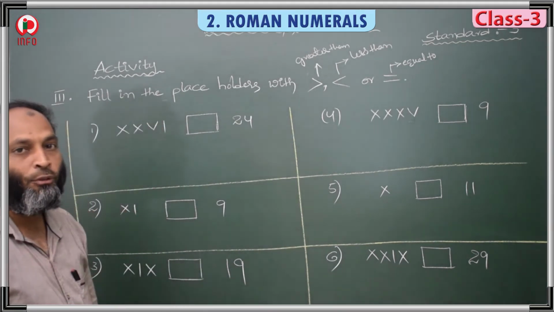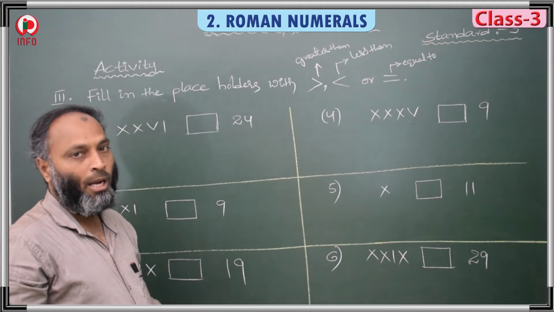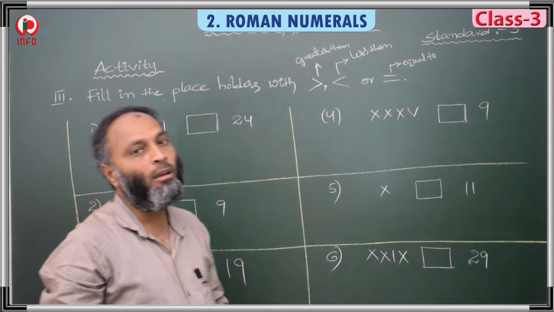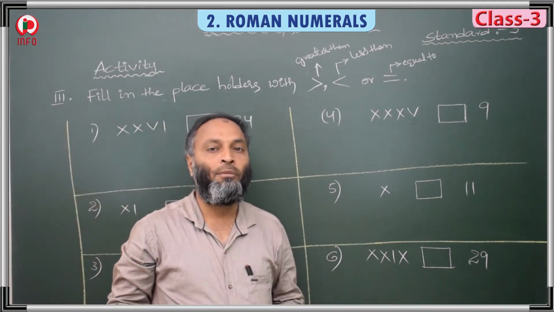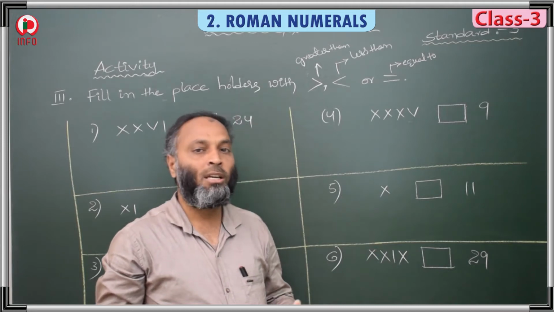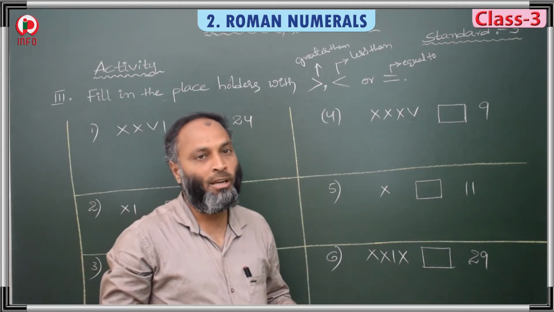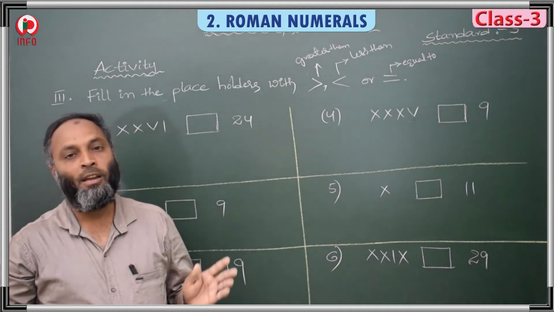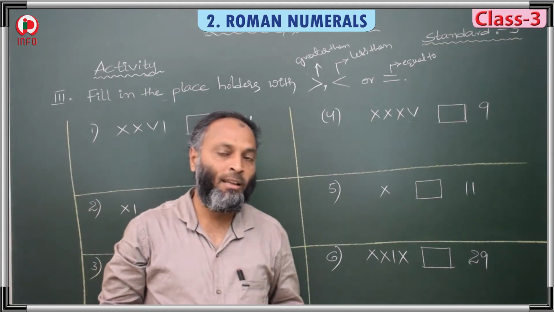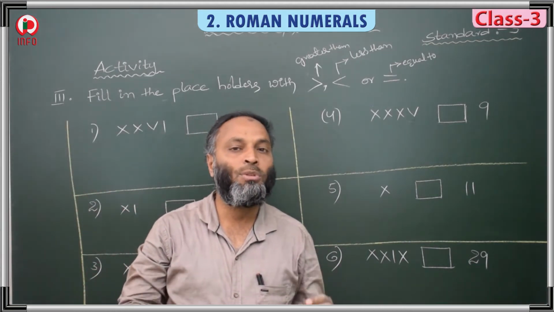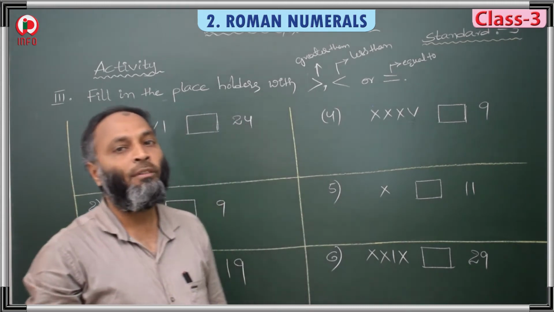First we have to convert the Roman numerals into Hindu Arabic numerals. Then we have to check which one is bigger and which one is smaller. If bigger, use greater than. If smaller, use less than. If both are equal, use the equal to symbol. So in that way we have to do.